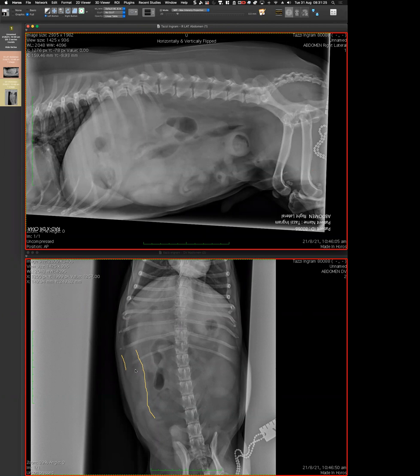So there's two populations of bowel, I guess. There's small intestine that looks normal in this area, and there's some small intestine that looks abnormal, which is, well, actually, I don't know about that line.